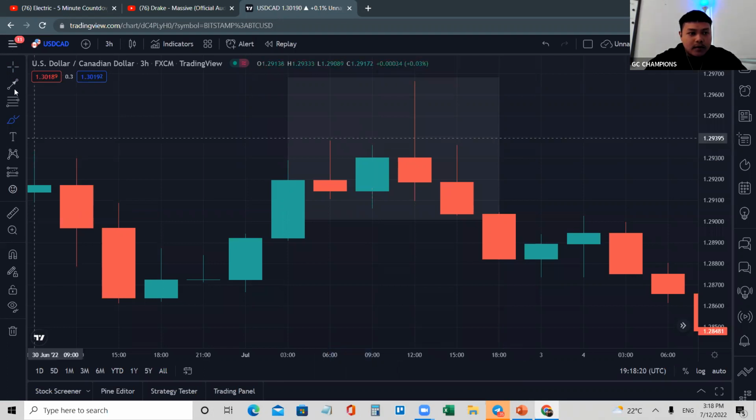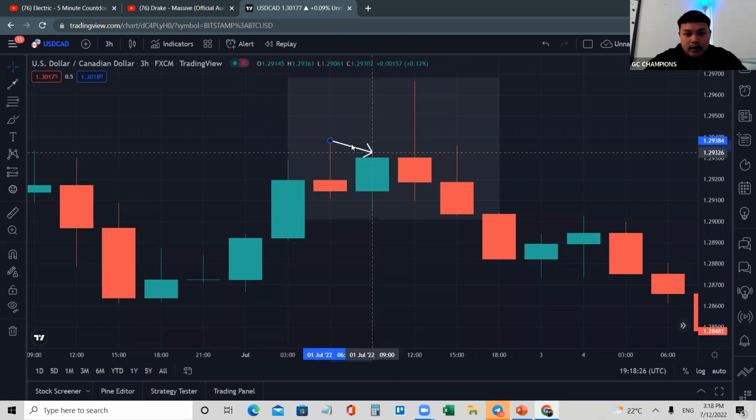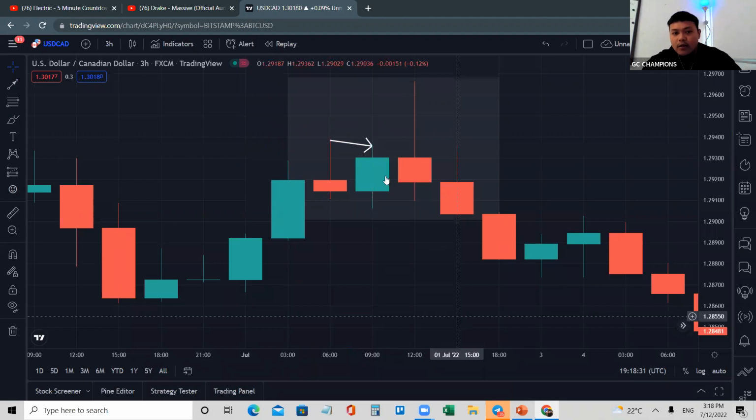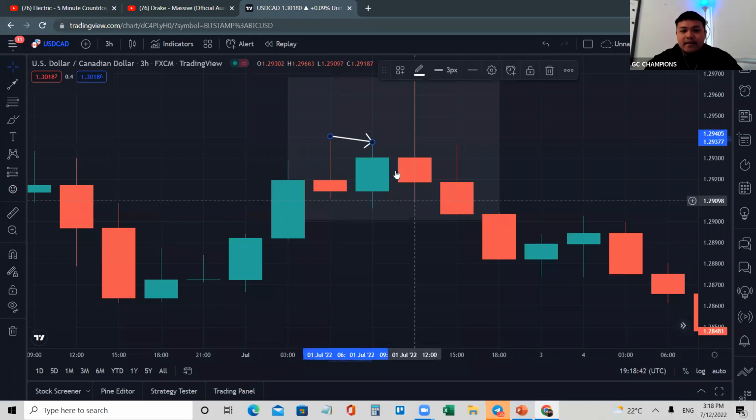This wick, this line: is it a high or a low? Is it the highest or the lowest that that specific candlestick has gone to? Drop it in the chat. Okay, there you go, Jackie, the highest.